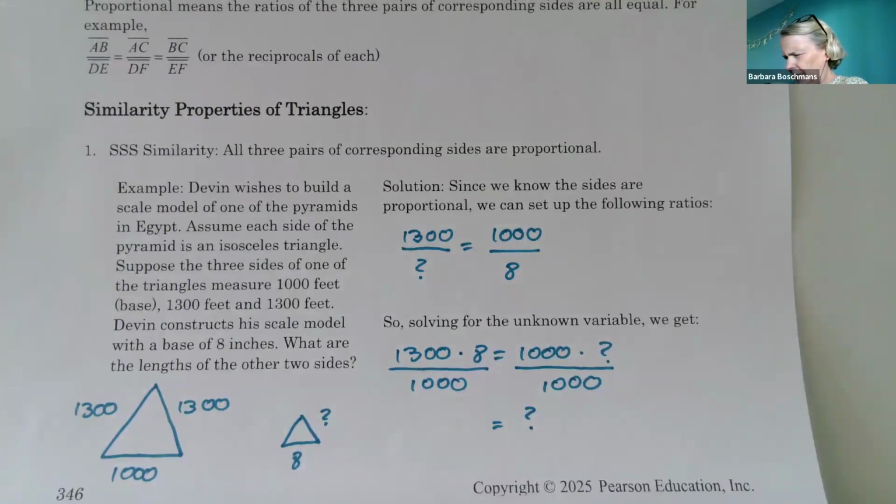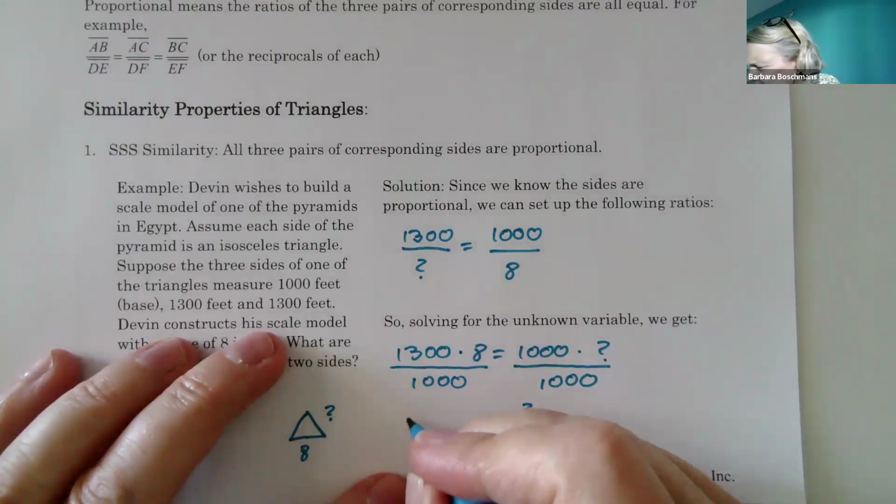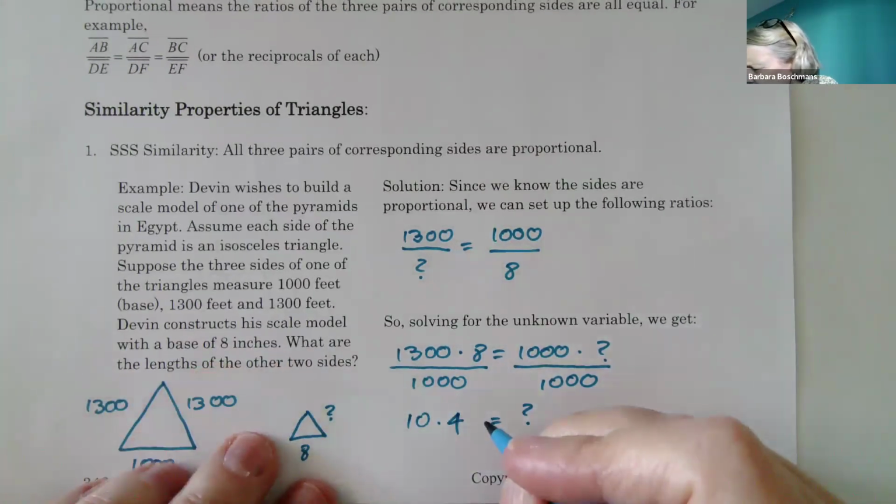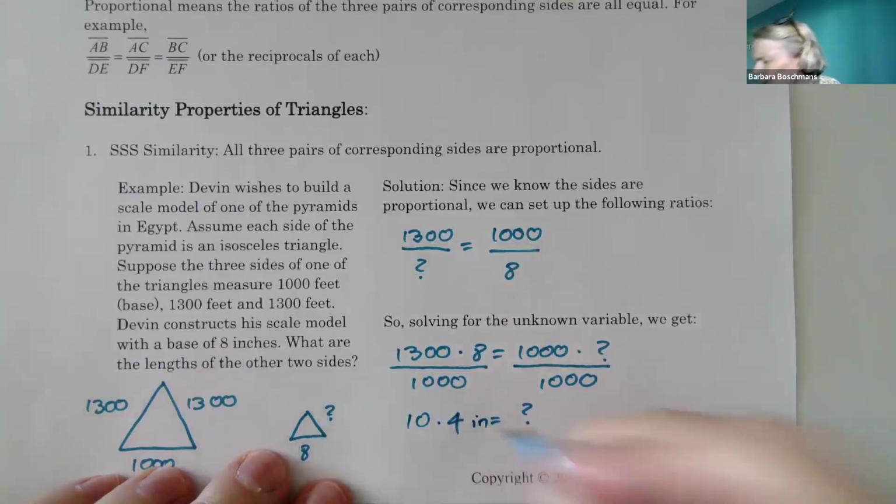And I will do 1,300 times 8 divided by 1,000 is 10.4. And that was 8 inches. That would be in inches.